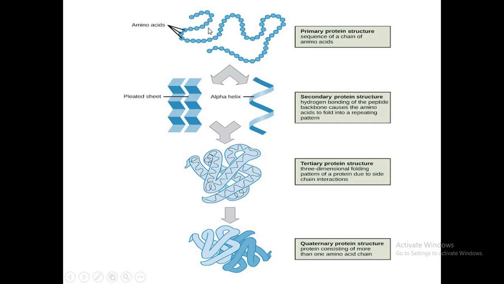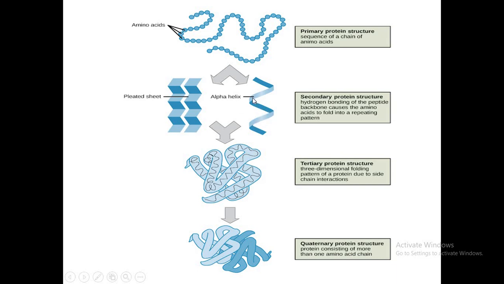When this polypeptide chain folds itself, or exhibits a repeated arrangement in itself, we say this is the secondary structure of a protein.